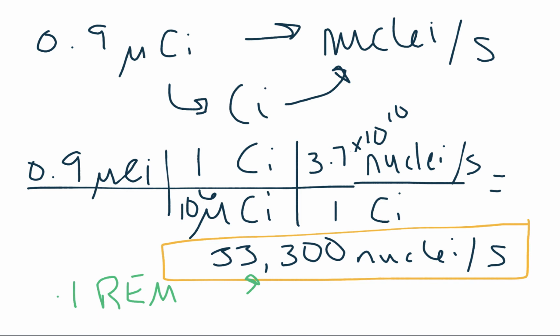But if you did convert that into REM per year, then you would see that one smoke detector would account for about 0.0000025% of the background radiation that you experience every year just by being alive. The impact of those nuclei disintegrating every second is extremely small on your health, and it would be a much greater risk to not have a smoke detector, because a fire would be a bigger risk than the radiation from your smoke detector.